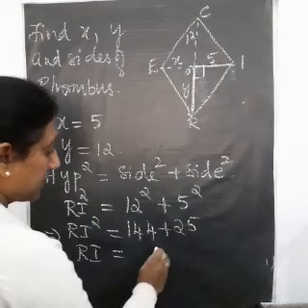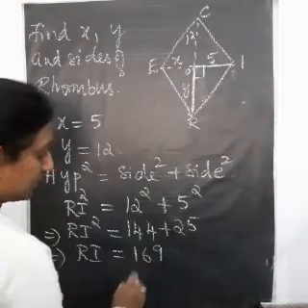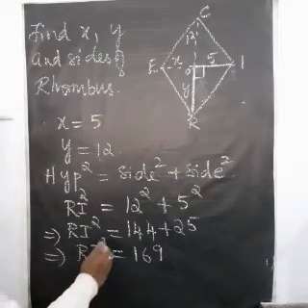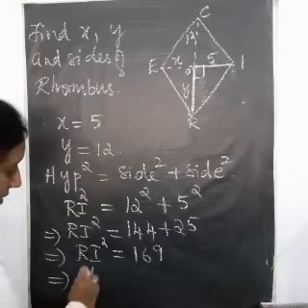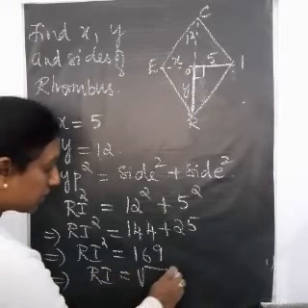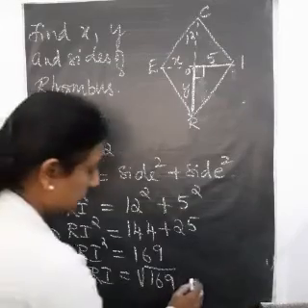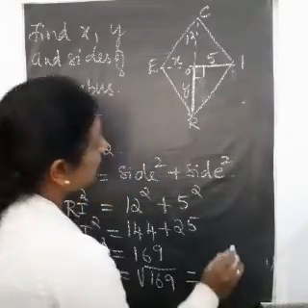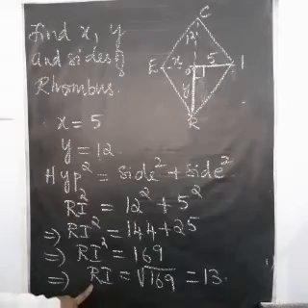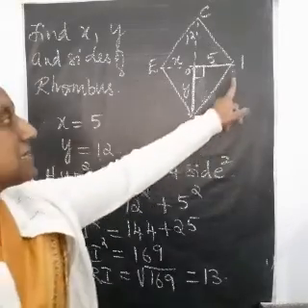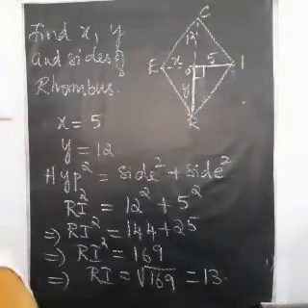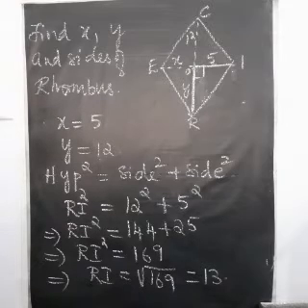Root of 169, which is 13. So we have got the value of the side. If one side is 13, all the sides will be 13, because in a rhombus, all sides are equal.